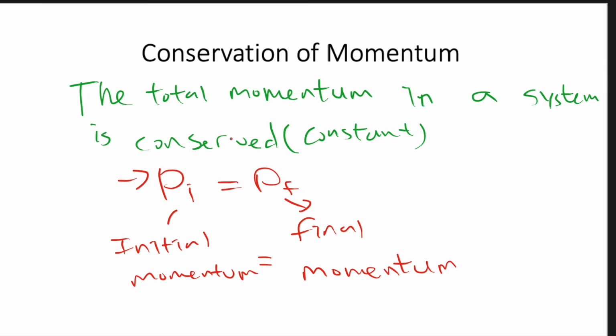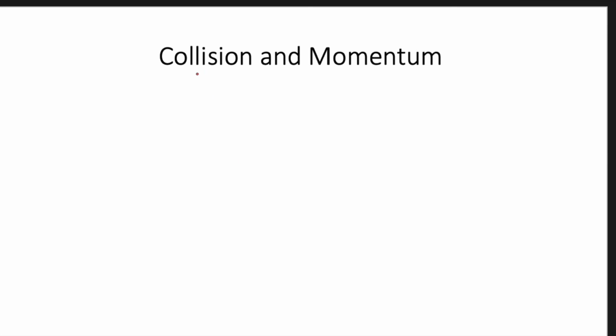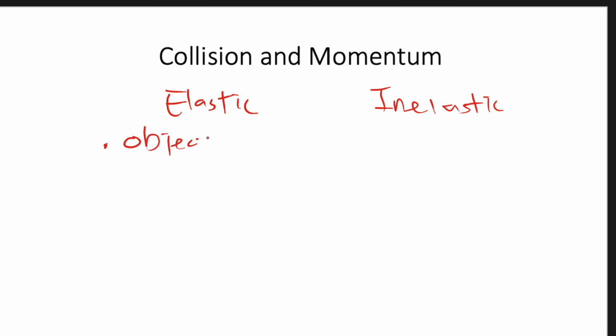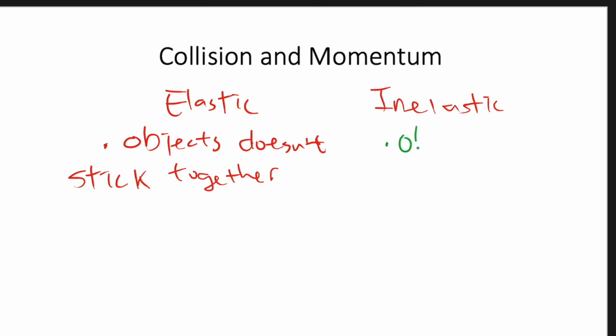There are basically two types of collision: elastic and inelastic. Elastic collision is where the two objects do not stick together, and for inelastic, objects stick together.